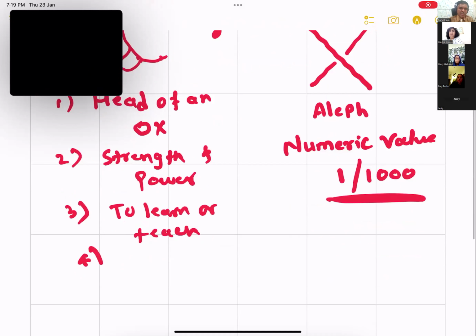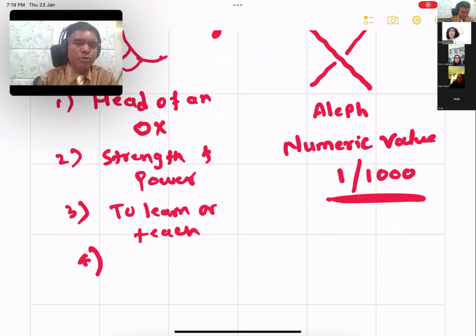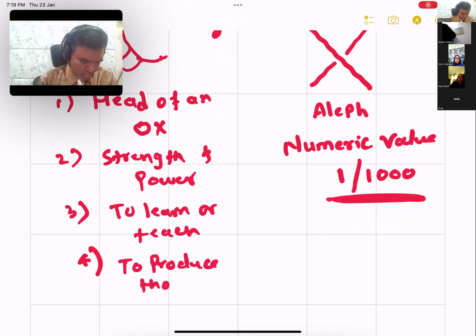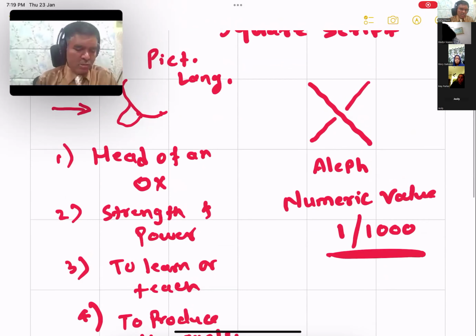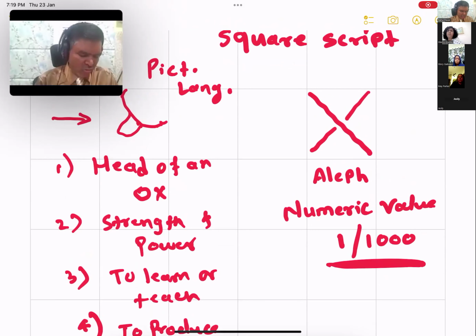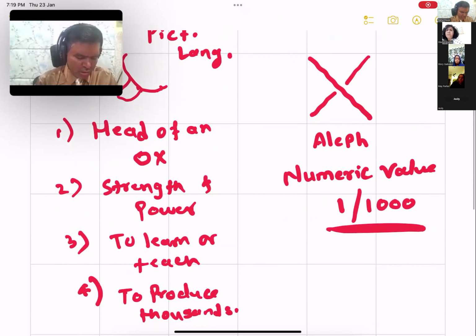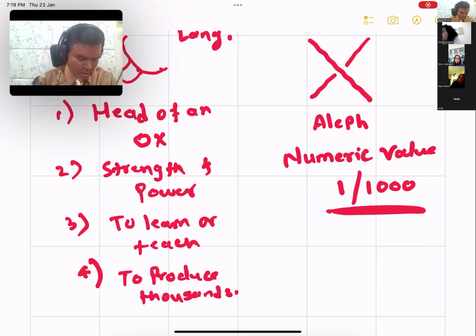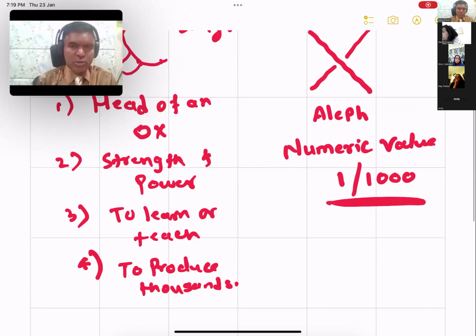And the fourth meaning is to produce thousands. So the single word Aleph has four meanings: head of an ox, strength and power, to learn or to teach, or to produce thousands.